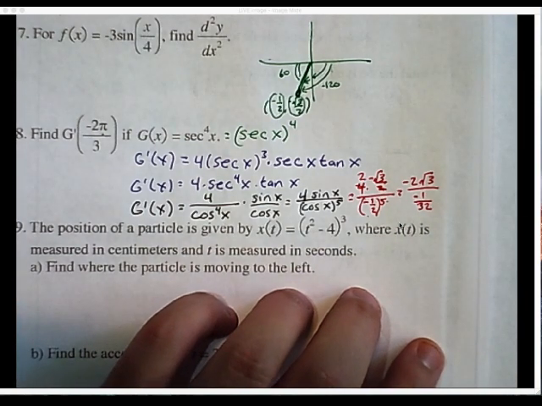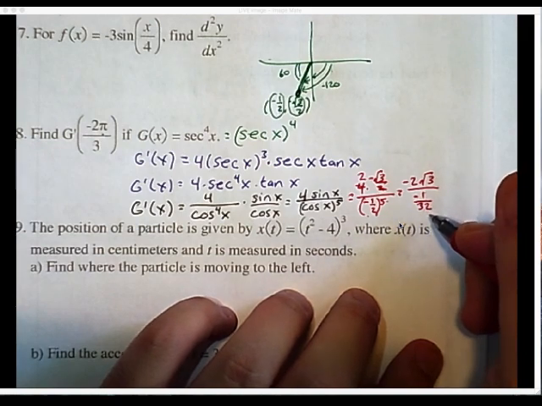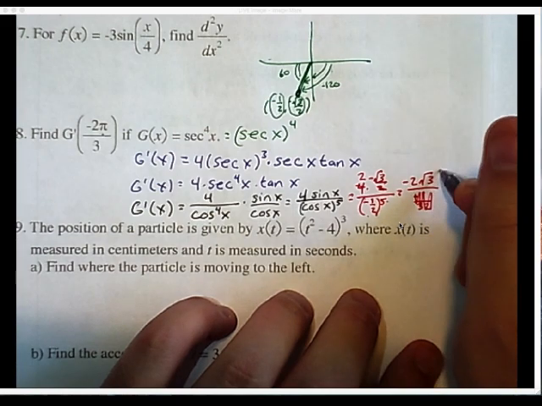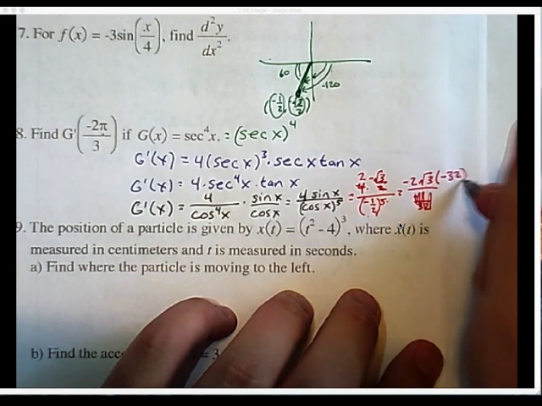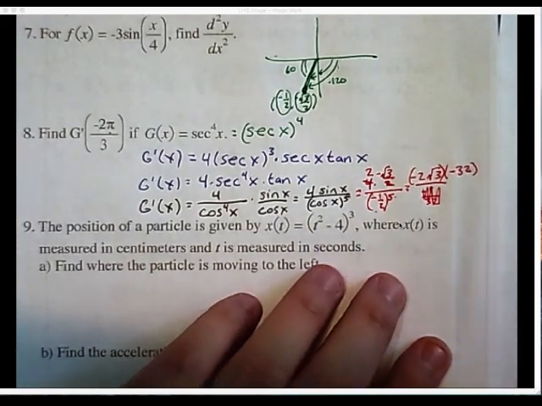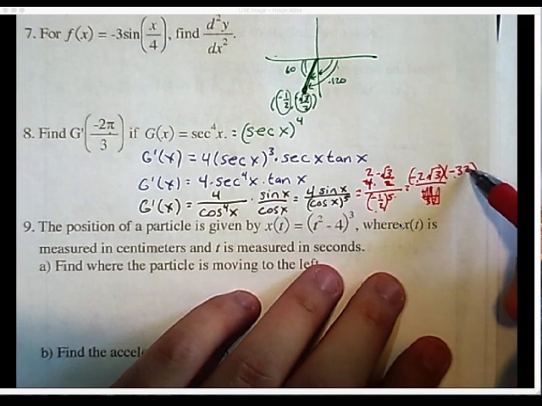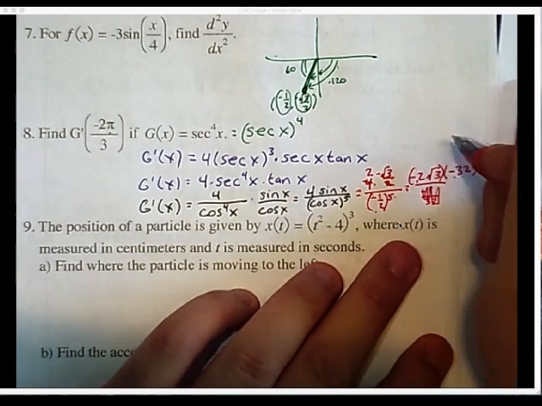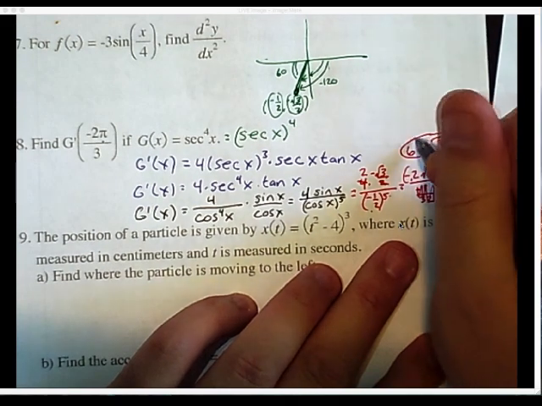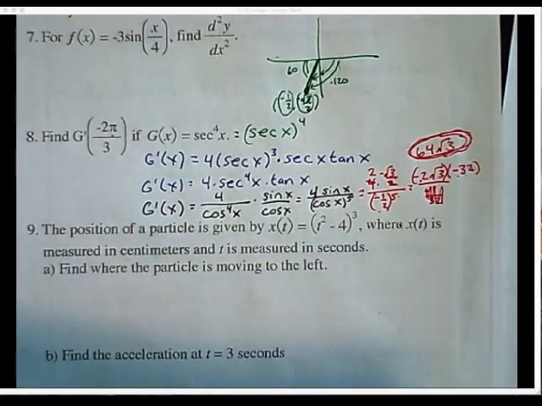Well, dividing by 1/32 is like multiplying times 32. So dividing by negative 1 over 32 is like multiplying by negative 32. So negative 2, that number's outside of the radical, so is negative 32. This times this would be positive 64. So my answer here, without even using a calculator, 64 square root of 3.